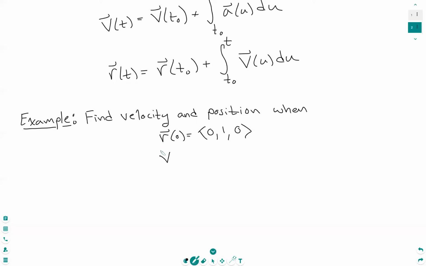Our velocity at time 0 is 0, 1, 1. And our acceleration at a given time t is the vector 2, 4t, negative t.